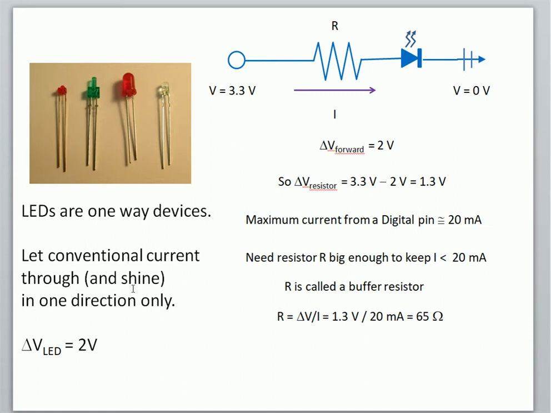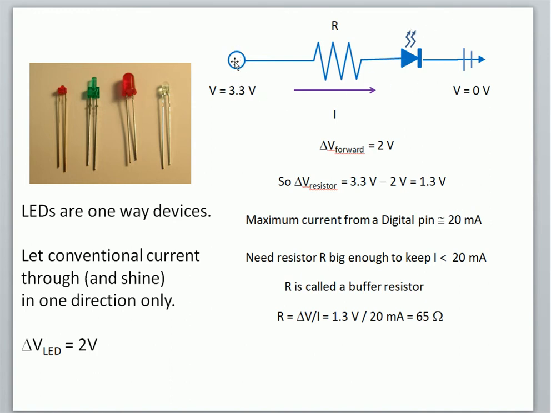If it's not lighting up, usually you have it in backwards. And LEDs always have a voltage drop when they're shining of about 2 volts. That voltage drop over the LED is usually called V forward. So this was 0, but now this is 2 volts.